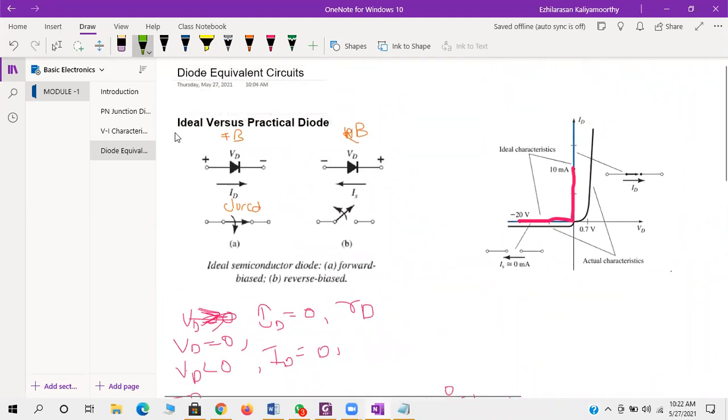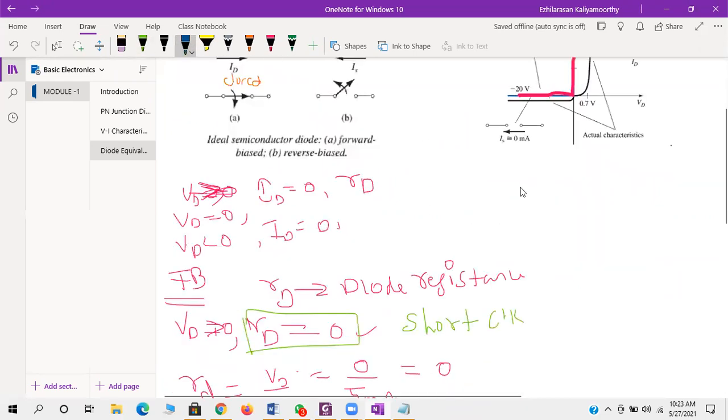Remember, always it's an ideal diode. In a practical diode, if I say very small, then ideally that is 0. In practical, if I say very, very high value, then ideally that is nothing but infinity. So just make a note of this.